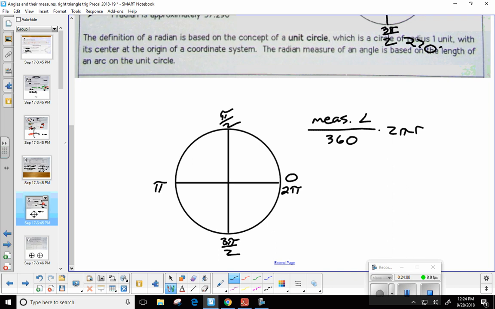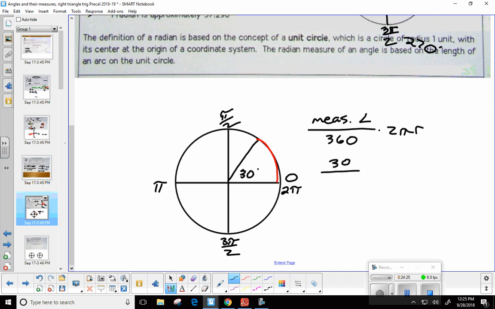Okay, so let's say I had a 30-degree measure, and I wanted to know what the length of this arc was right here. And this is actually something that we're going to talk about in a later lesson, but since you asked, I might as well show you. The measure that is associated with that arc is 30 degrees, right? So that's what I'm referring to when I say the measure of the angle.